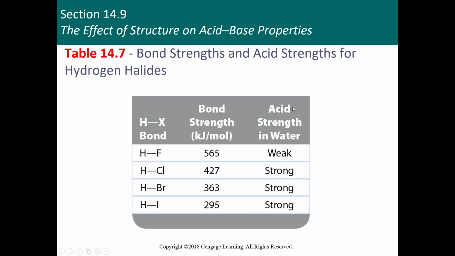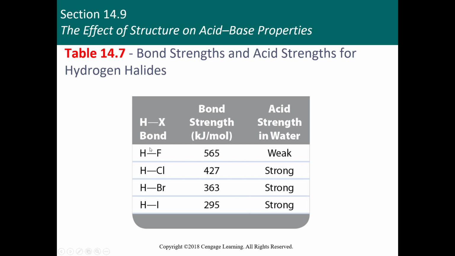So first we see the bond strength. If it's too strong of a bond between the hydrogen and whatever it's bonded to, you can't break it. It takes too much energy to break. And so you end up with a weak acid. Because for a strong acid, you have to be able to break that bond, don't you? You have to be able to dissociate it.